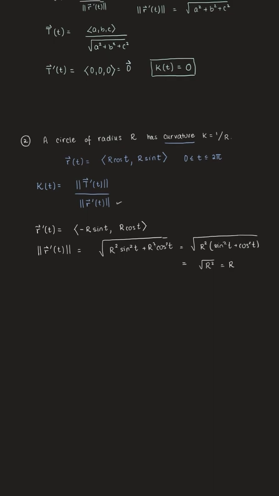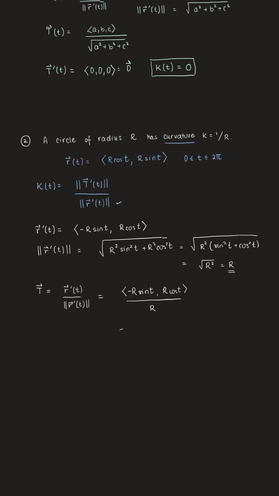Now let's go and find our unit tangent vector. Our unit tangent vector is the derivative of our vector function divided by its magnitude to ensure we have a length of 1. We found these already. We know the magnitude is r, so we're going to take our vector negative r sine t, r cosine t and divide this by r.